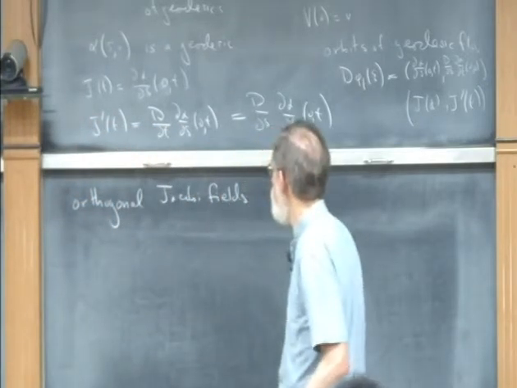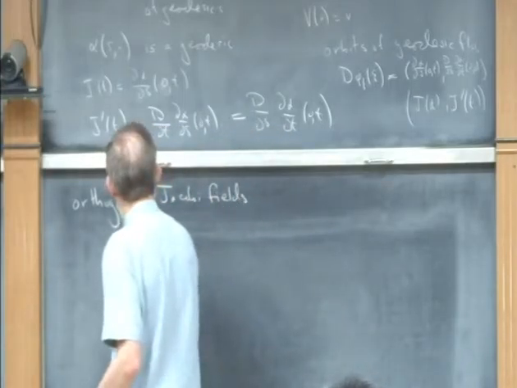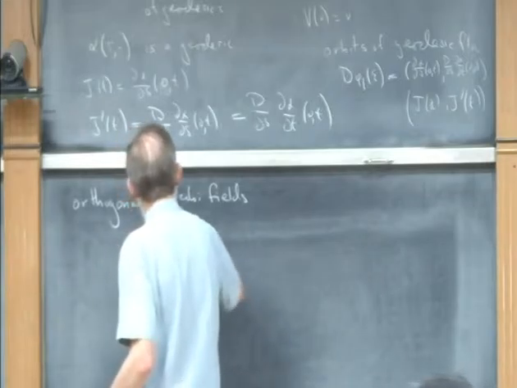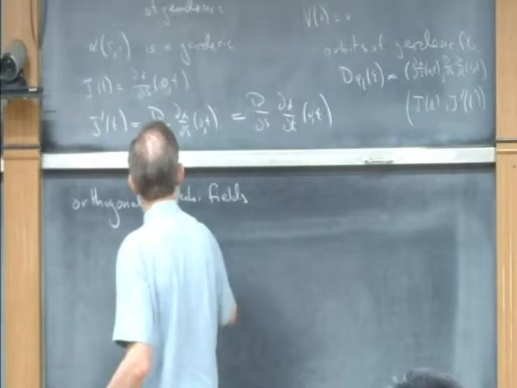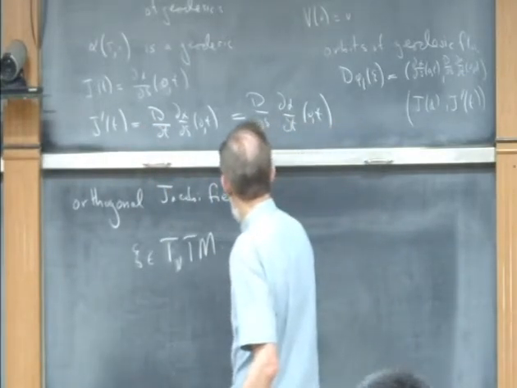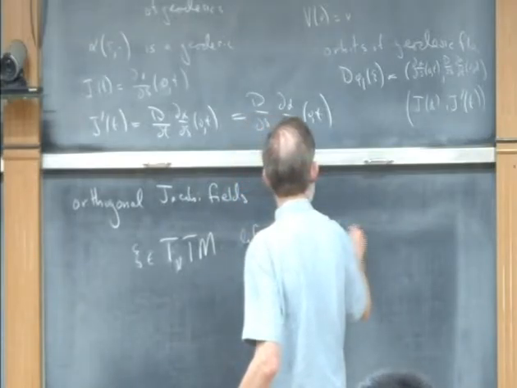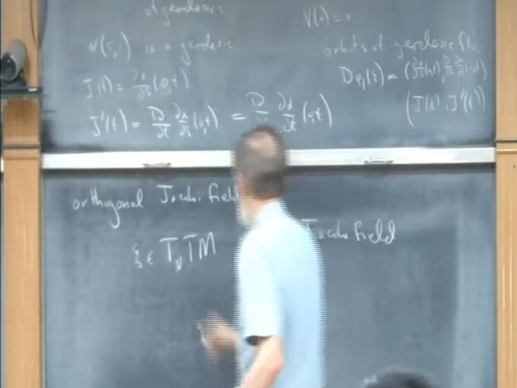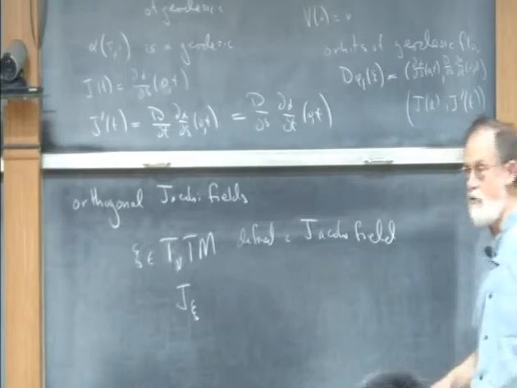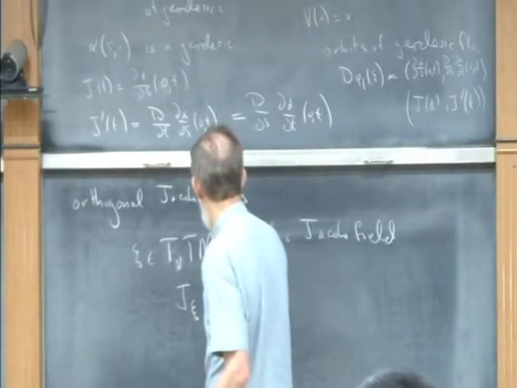And so if I have a vector xi, I want it to be in the tangent space to the tangent bundle, but v, it defines a Jacobi field that I could call J for Jacobi field, and a subscript xi because it depends on xi.